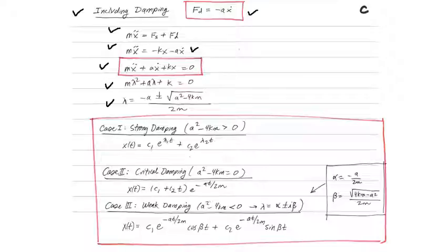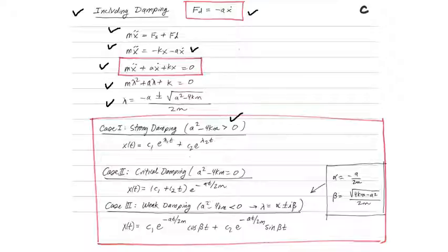And just like we had in section 2.2, there's three cases depending on the roots of that equation, and we're going to try to understand what happens physically in each of those three cases. If the expression under the radical is greater than zero, physically that would mean that your damping force is relatively strong. A is the parameter here, which reflects how strong the damping is.